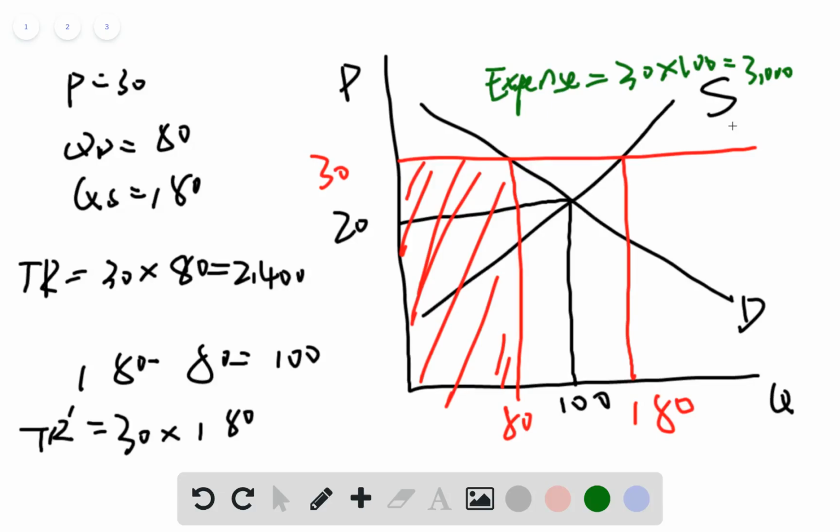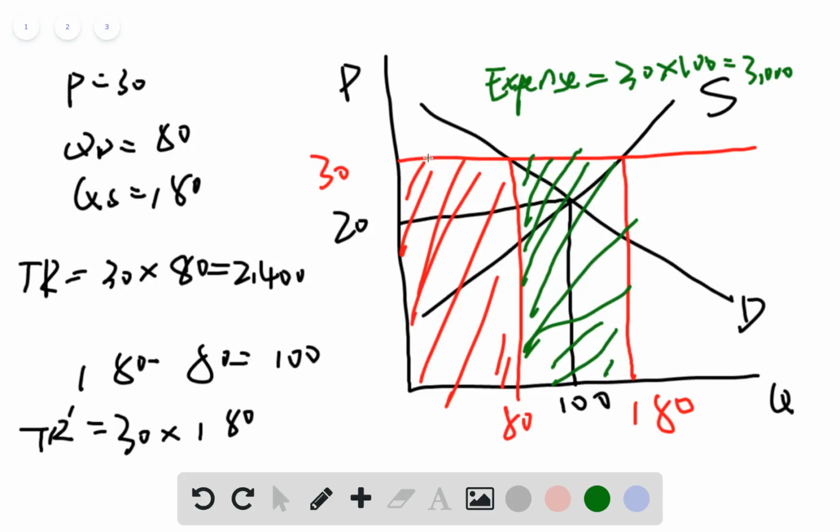Okay, so on the graph, we need to show the area of the government's payment, right? Basically the government needs to pay $30 per unit and the government needs to buy these 100 units. So this rectangle here will be the total expense of the government.